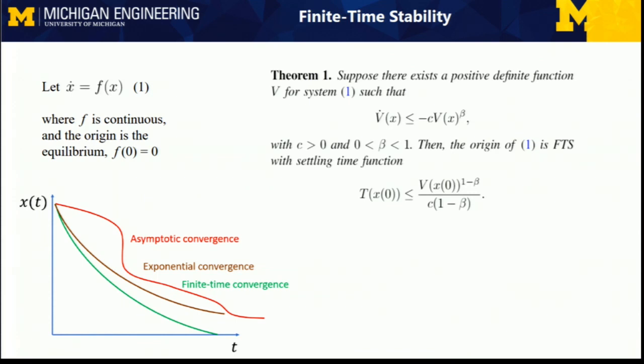So here we consider just an f, which is a continuous function, under the assumption that the solution of the system exists and is unique. What is nice is that people have already formulated the Lyapunov-based characterization of finite time stability. And if you can find a positive definite function v, a Lyapunov function candidate that satisfies this condition on the time derivative, where you see this vita term is between 0 and 1, then the origin is finite time stable with settling time that satisfies this upper bound.